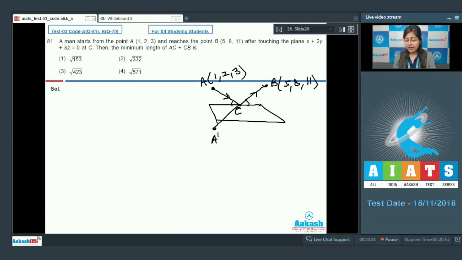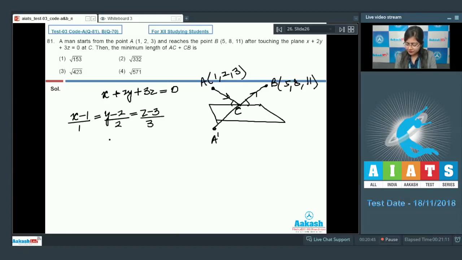So let us firstly find the image of A in the given plane, that is x + 2y + 3z = 0. So the image can be found as (x - 1)/1 = (y - 2)/2 = (z - 3)/3 = -2 times (1 + 4 + 9)/(1² + 2² + 3²), that is it is equal to -2.